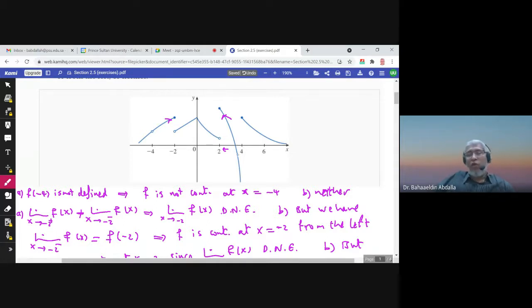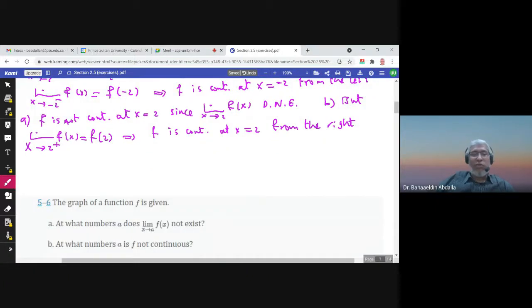Now for 4, also at 4, it is not continuous because the limit does not exist, while when you approach 4 from the right, the function approaches f of 4. So it's also continuous from the right of 4.